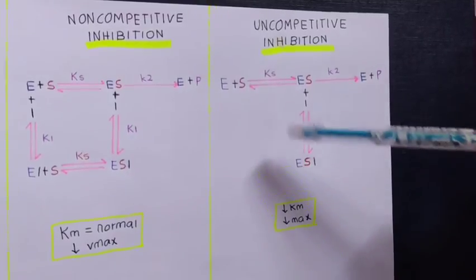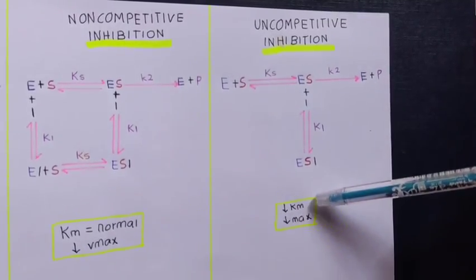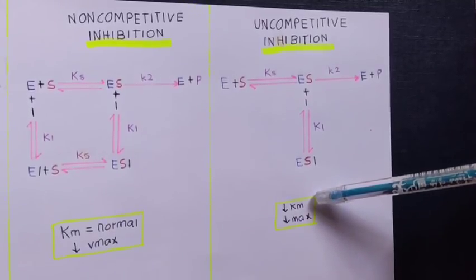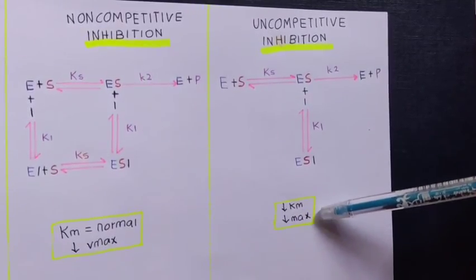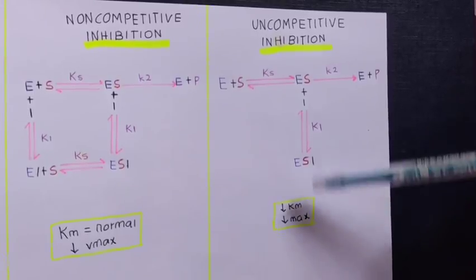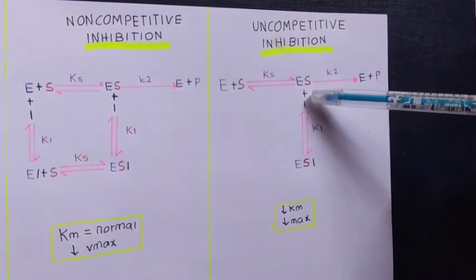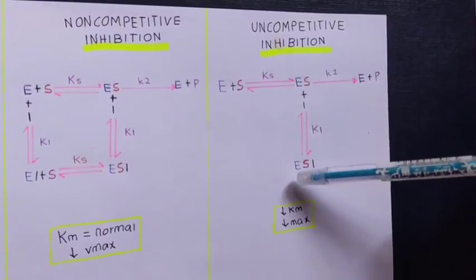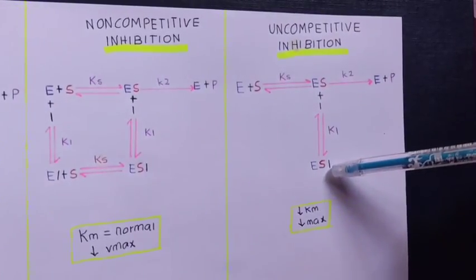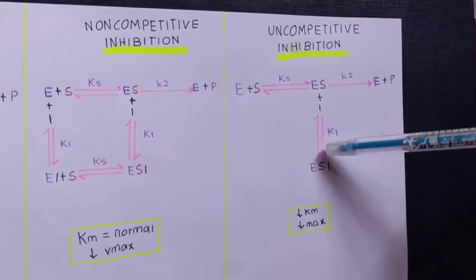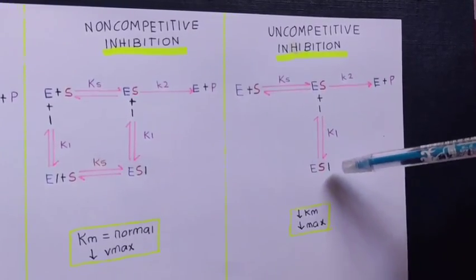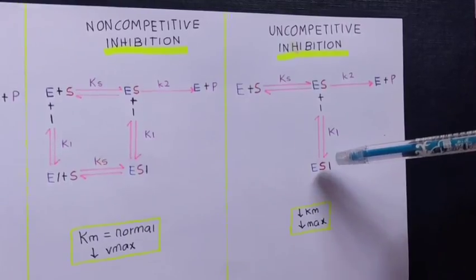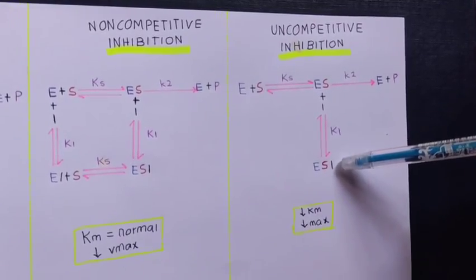Then the concentration of substrate affects the Km, so the Km is decreased. The Vmax also decreases, because when the inhibitor binds to the enzyme-substrate complex, it forms the enzyme-substrate-inhibitor complex, and this form cannot make the product, so the Vmax is decreased.